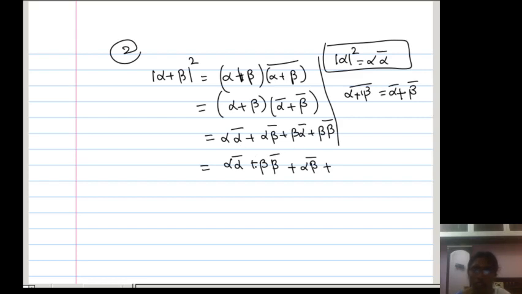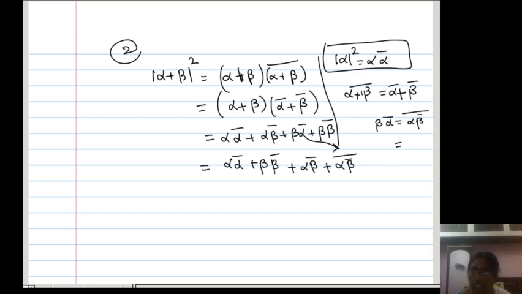βᾱ, you can see how I am writing it: the conjugate of αβ̄. Shall I write this here? βᾱ can be written as the conjugate of αβ̄. Is it?